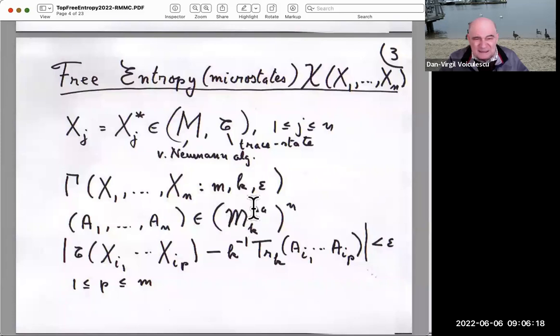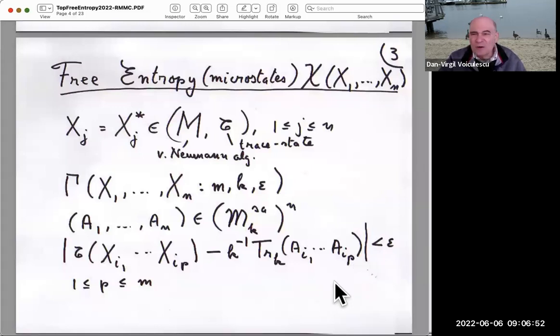These are the k by k matrices. And the approximation is in distribution, that is the trace tau of monomials x_{i1}...x_{ip}, monomials of degree up to m, is approximated by the traces, here it's a normalized trace for the k by k matrices, of the corresponding monomial A_{i1}...A_{ip}, with difference less than epsilon.